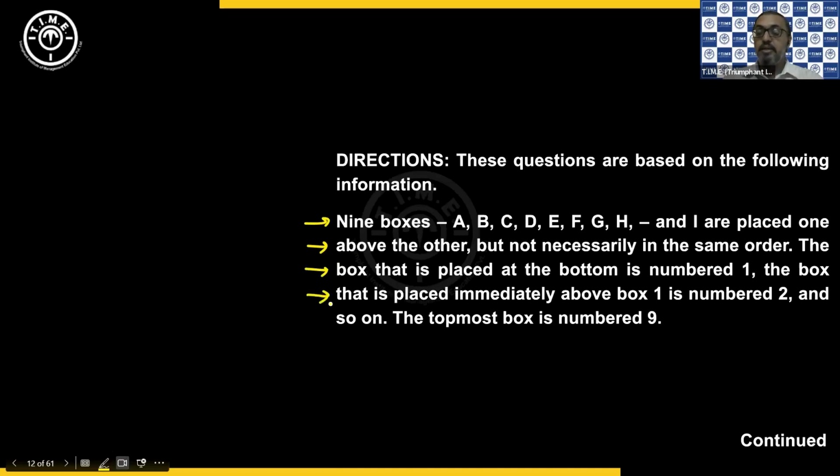The box that is placed immediately above 1 is numbered 2, and so on. The topmost box is numbered 9. So this is a box arrangement we have. So let's take the box arrangement: 9, 8, 7, 6, 5, 4, 3, 2, 1.